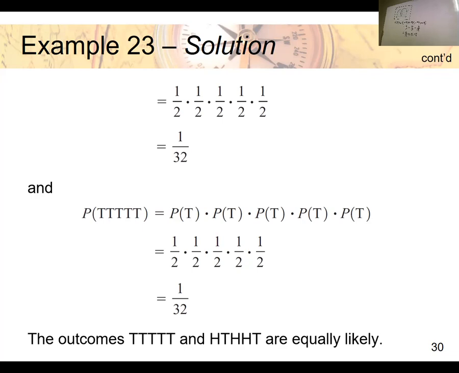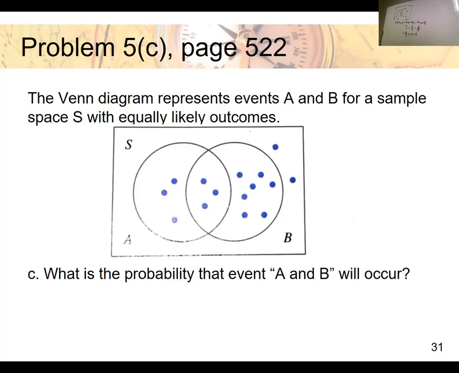Okay, now this is problem 5C. The probability that event A and B will occur. And that's for a sample space with equally likely outcomes.